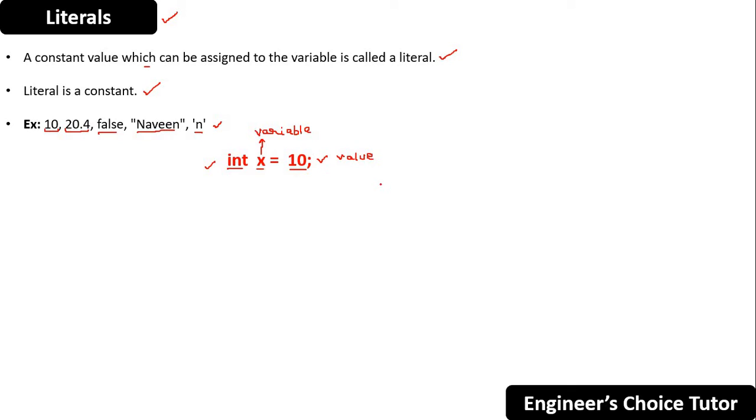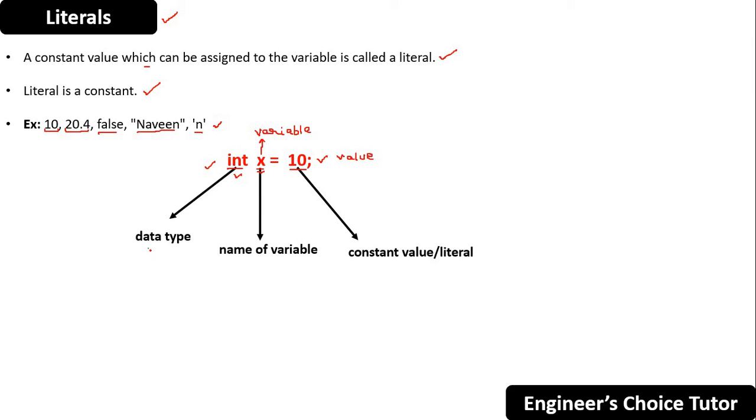See, simple thing. A variable is nothing but a container. So this x is pointing to one container in which we are storing this 10 value. And this container is of which type? Int type, meaning integer type, right? So this int defines the data type of the variable.